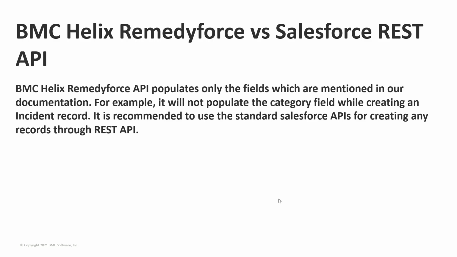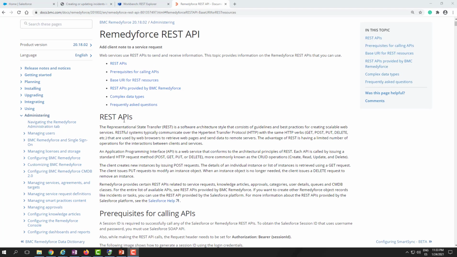It is recommended to use the standard Salesforce REST API for creating records through REST API. So basically, there are some limitations if you are using the Remedyforce REST API. I'm going to show you some of them, and based on this, you will decide what is better for your organization if you want to go to Remedyforce REST API or Salesforce REST API.